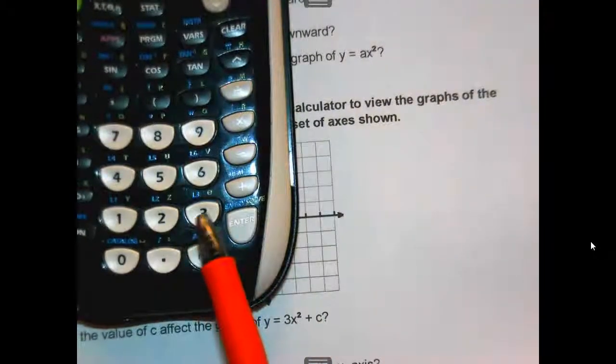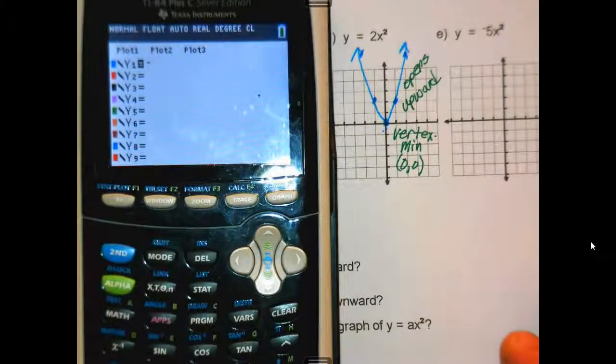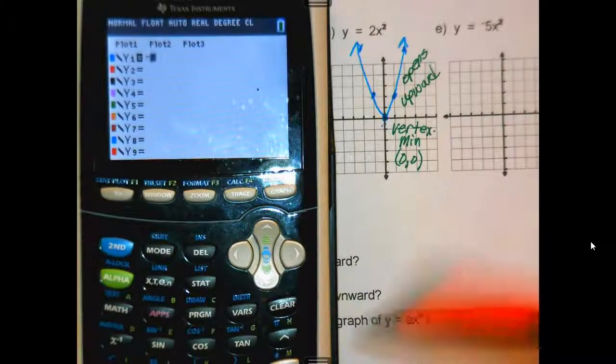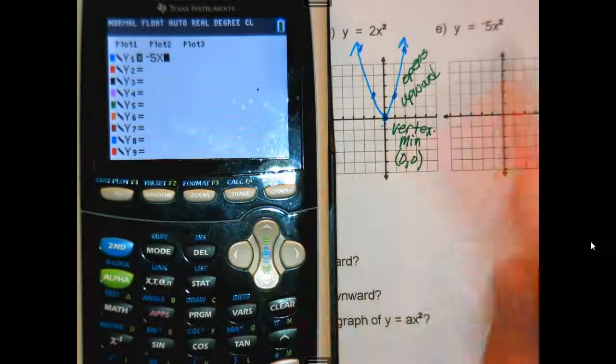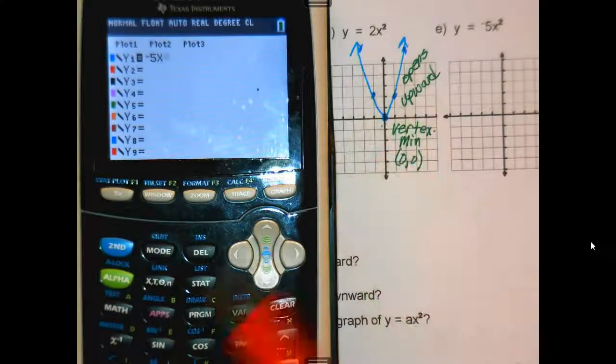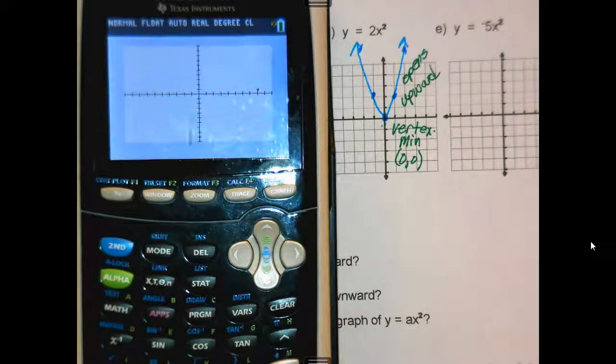Again, make sure you use the negative key, not the minus key. So negative 5x squared. Hit graph. Here's my graph of negative 5x squared.